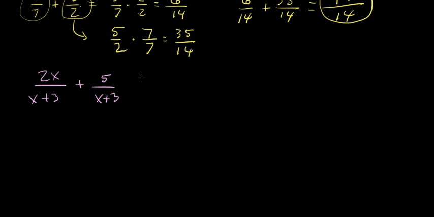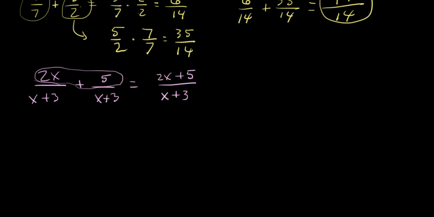Now the first thing you notice is that these two do have a common denominator, x plus 3. So what you do is you just add the expressions on top. You say 2x plus 5 over x plus 3, and that's the end of that.